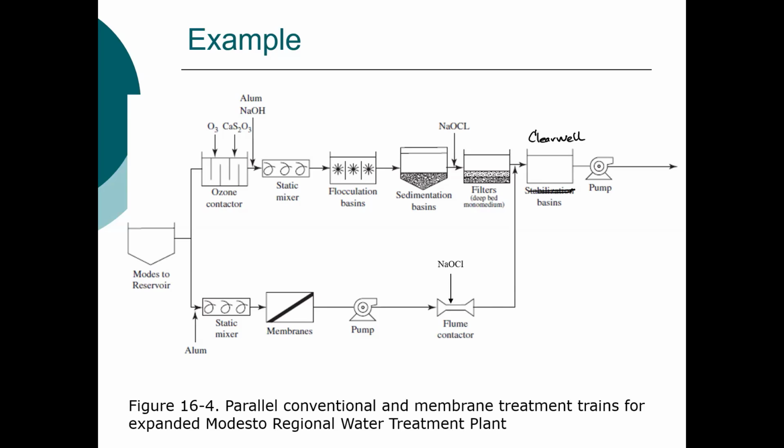This is an unusual situation that I would see, because adding alum as a coagulant produces floc, which will be captured on the membranes, but will also increase the fouling, will increase the pressure, shorten the service life of the membranes before they have to be cleaned. And then they have a pump. They add sodium hypochlorite, and then they mix the two. Okay. So this is the general process of the plant.